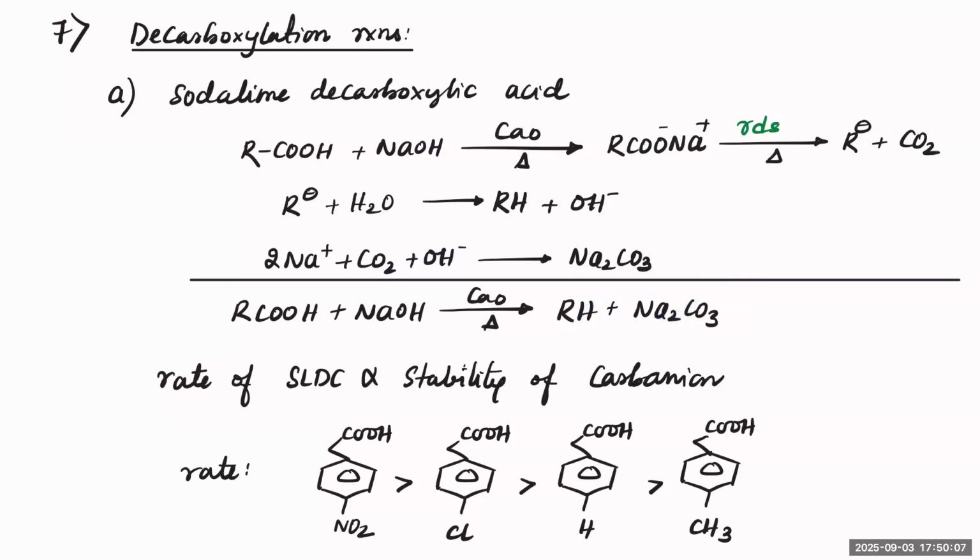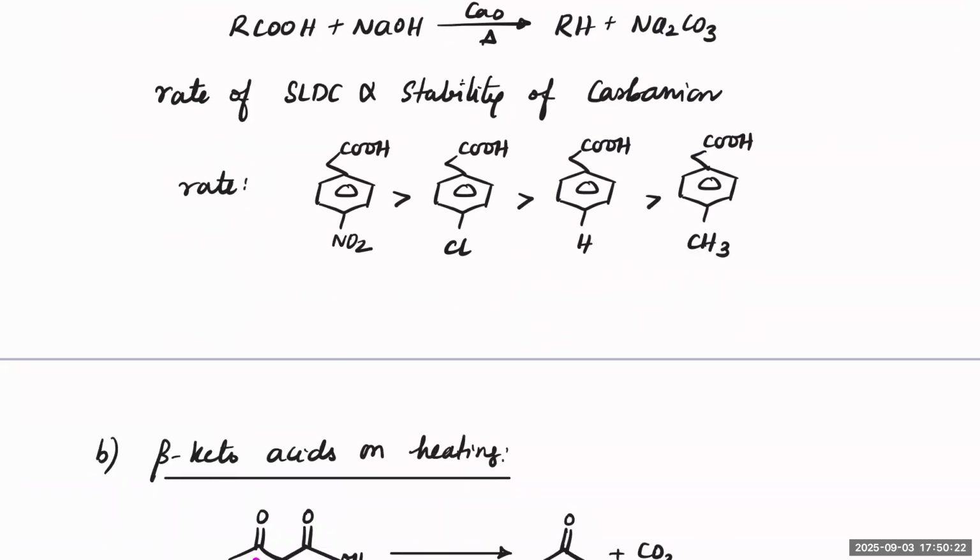Now remember, the rate determining step is always the formation of a carbanion. So anything which makes a strong or stable carbanion, in that direction the rate of reaction will be higher. That's why you will notice NO2 and chlorine are strongly withdrawing, while methyl is strongly donating.